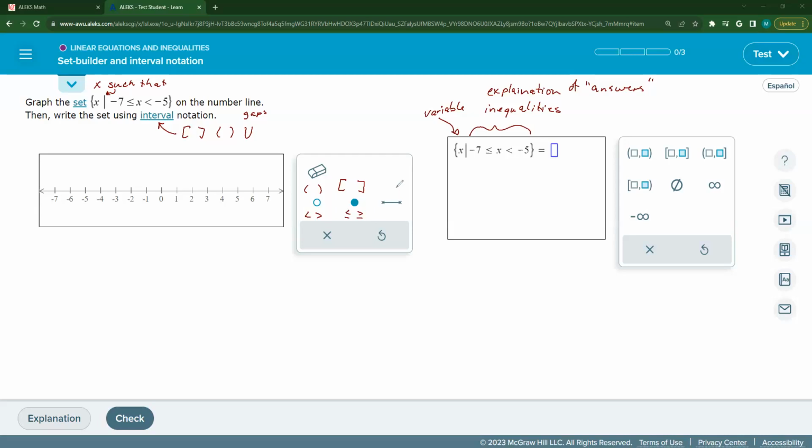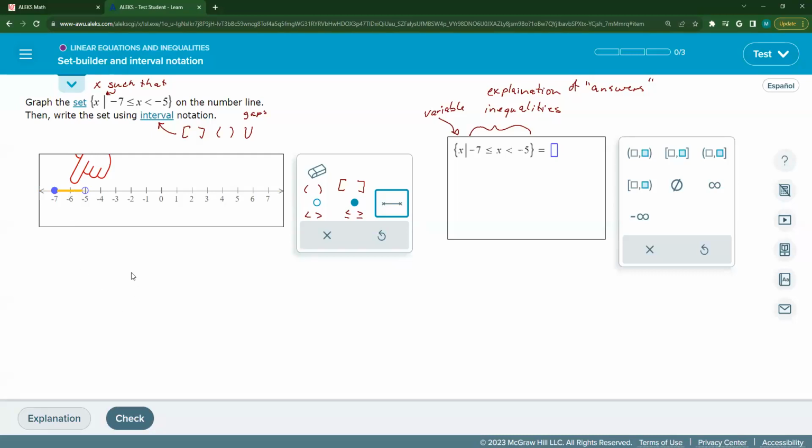And then this is just our shading. So looking at this very first one, we need a closed circle at -7 because it is or equal to, and x is in between, and it's going to have an open circle at -5. My shading is going to go in between those.